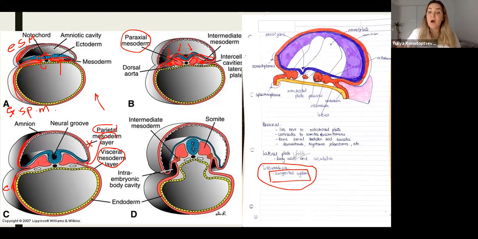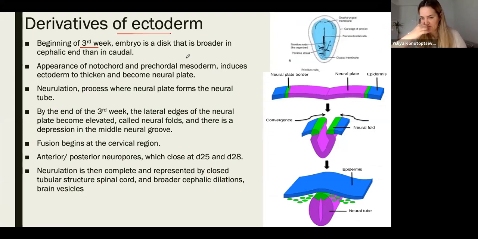And where is it going to come from? Well, from the neural plate. Neural plate is that tissue which will give rise to the spinal cord and brain. So how do we call a process of creating spinal cord and brain? This process is called neurulation.